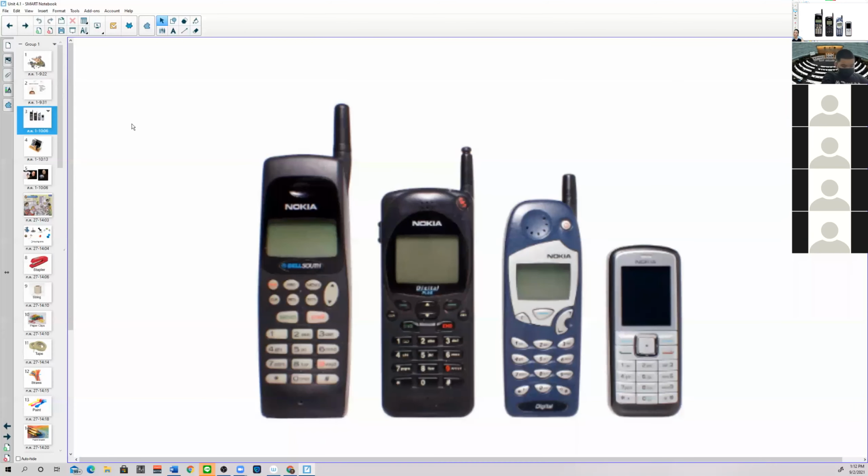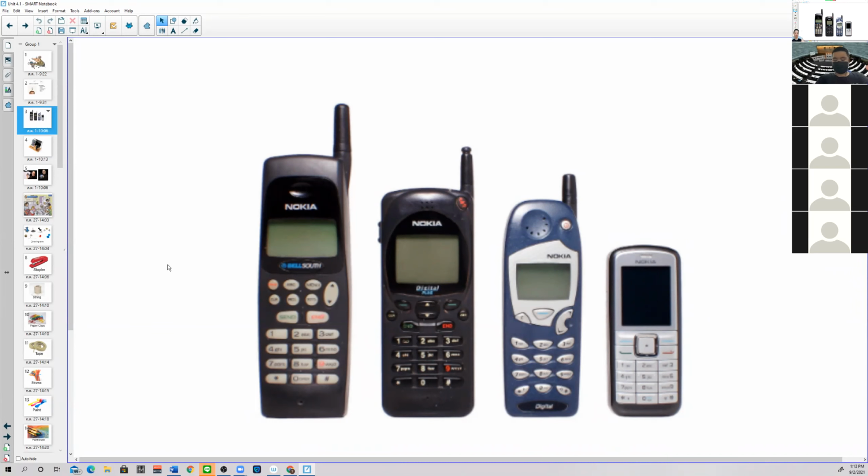Okay, that's a cell phone. Have you ever seen this cell phone before? Probably not.